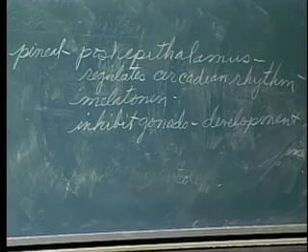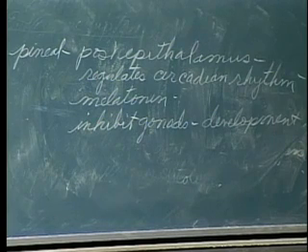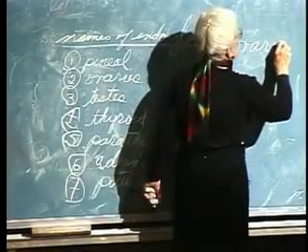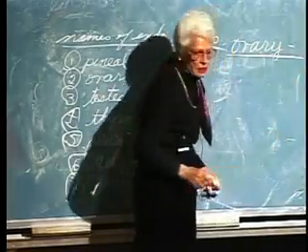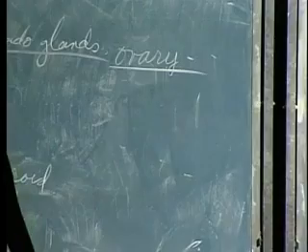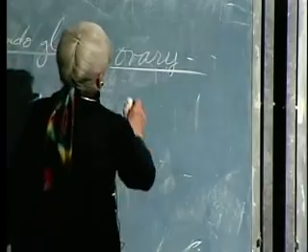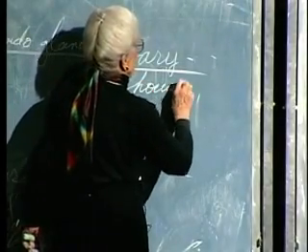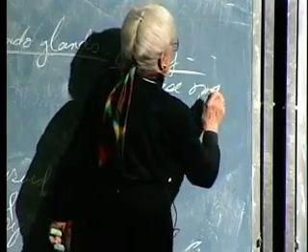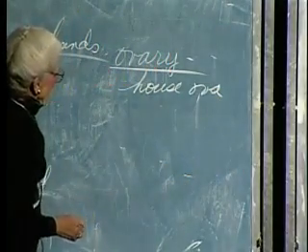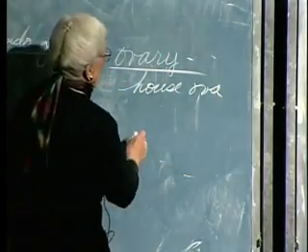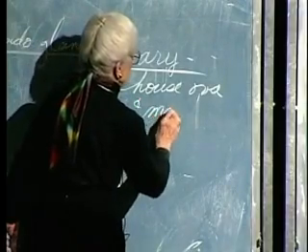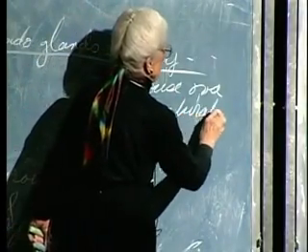The ovaries and testes we're going to cover when we study the male and female reproductive systems, but just briefly. The ovary will house the ova, the eggs. And they'll mature there.